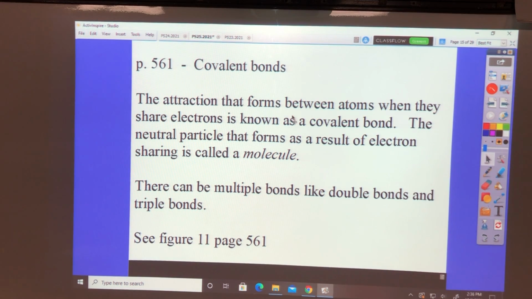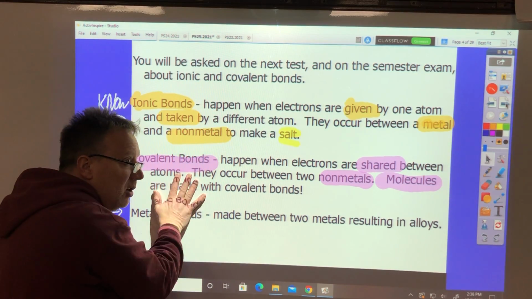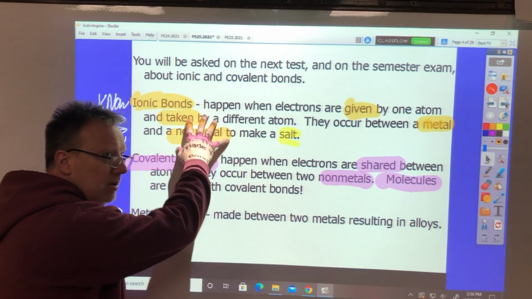Covalent is sharing. Let me go all the way back here. Aha, here we go. Right here. You can pause it if you want. Here's your answer to number 8.